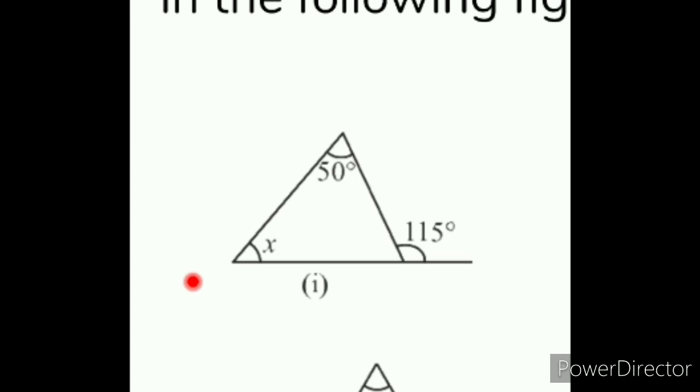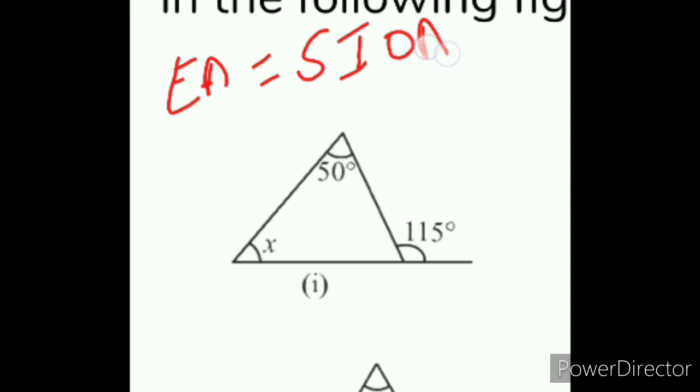First question. 115 degrees is an exterior angle. These two are interior opposite angles. Right? Yes. Now we should use the same exterior angle property only. Exterior angle is equal to, writing in short form, the sum of interior opposite angles.